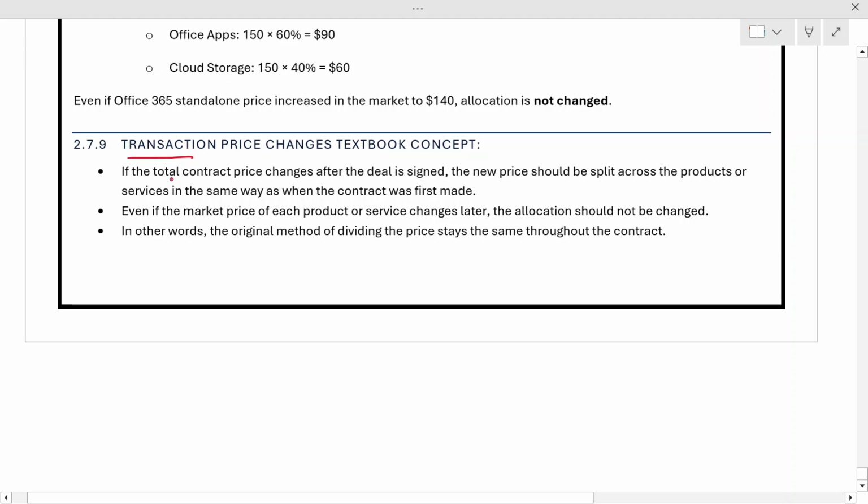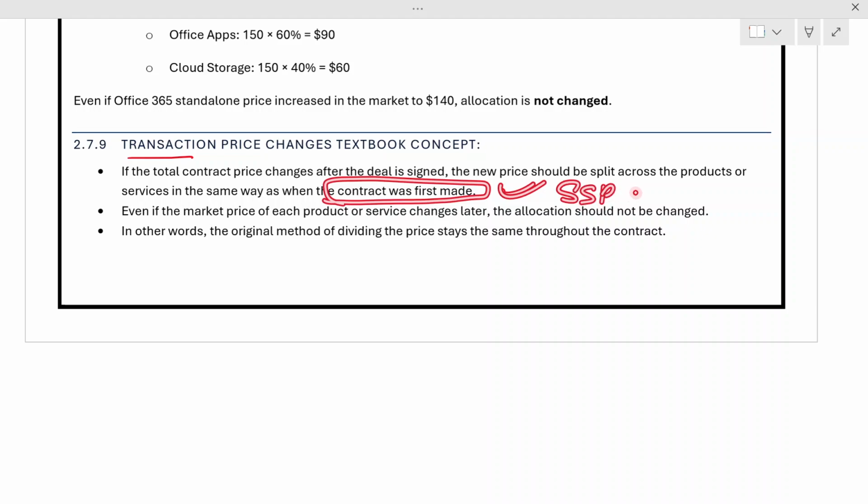So it says that if the total transaction or total contract price changes after the deal is signed, just like the Microsoft case from $180 to $150, the new price should be split into the products and services in the same way as when the contract was first made. So the SSP ratio of the initial contract should be used.